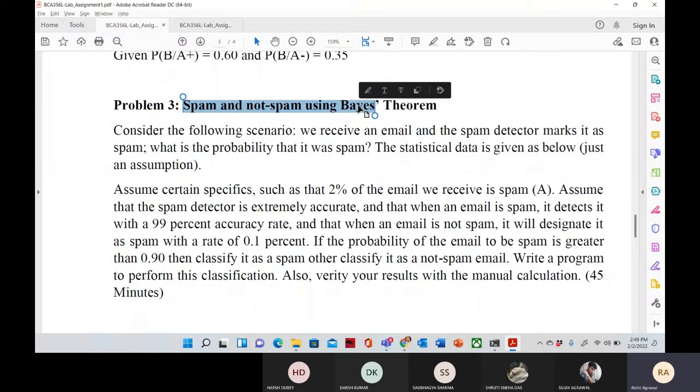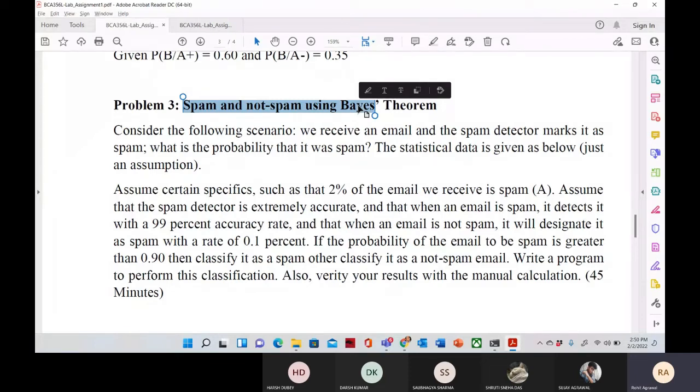But in the real scenario, based on the content of the email, we need to check how much content is related to spam and how much is related to not spam. Based on that percentage, we will calculate the probability and set some threshold.